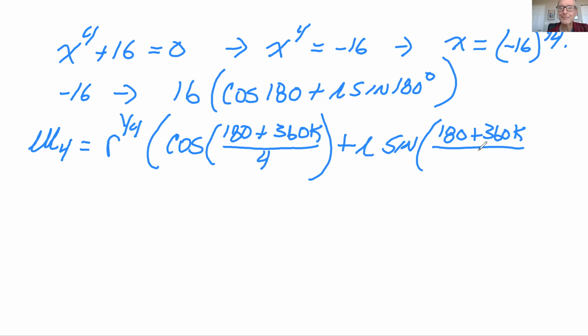See what I mean? Instead of all those crazy fractions, divided by 4. And then what is our k? Since we have 4, k would be 0, 1, 2, and 3. So we have to do this 4 different times.